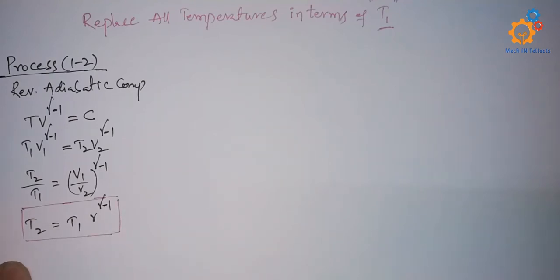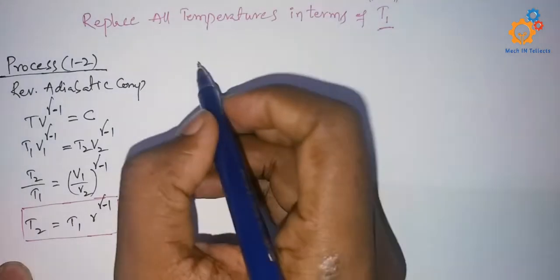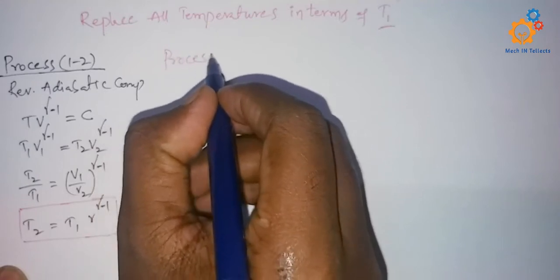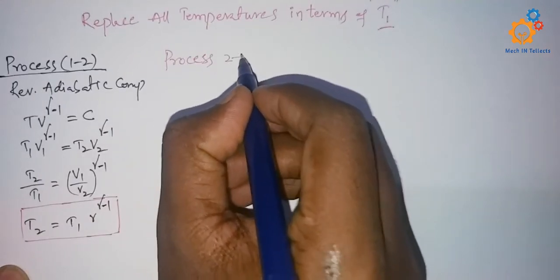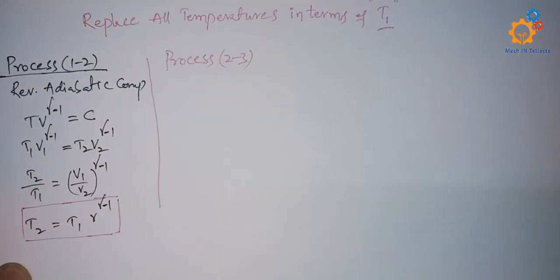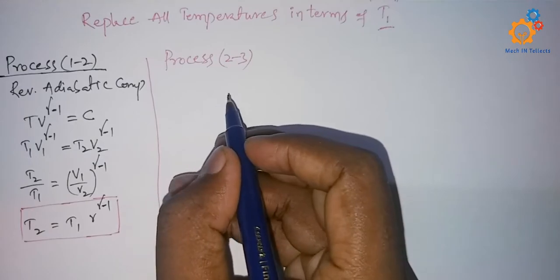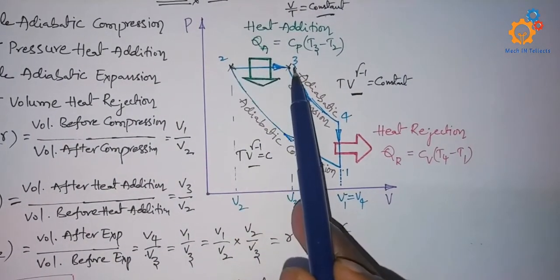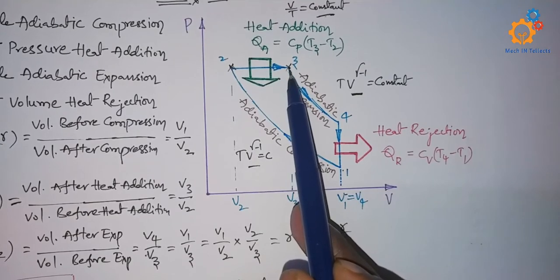Okay, next I am moving to step 2, that is process 2 to 3. Now, what is process 2 to 3? It is constant pressure heat addition.